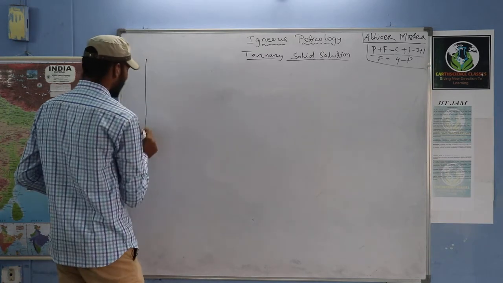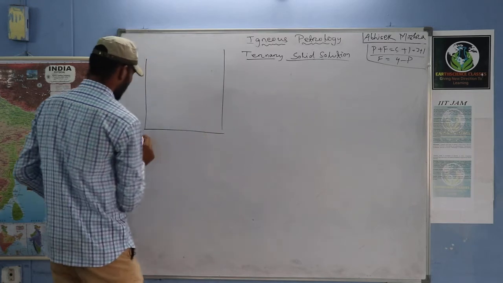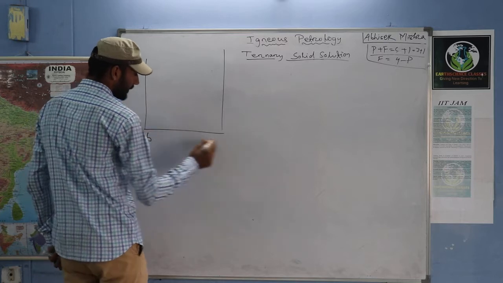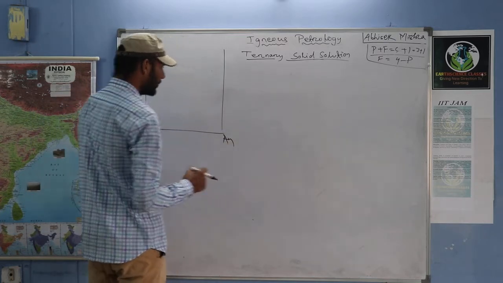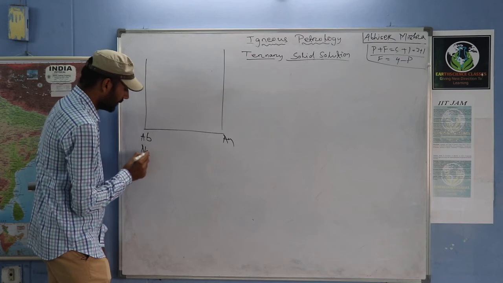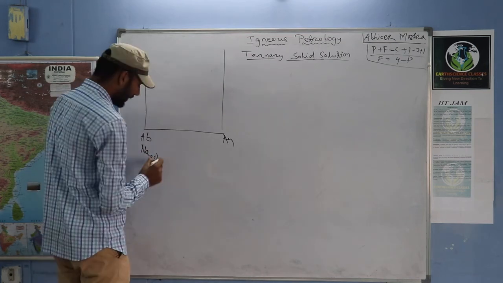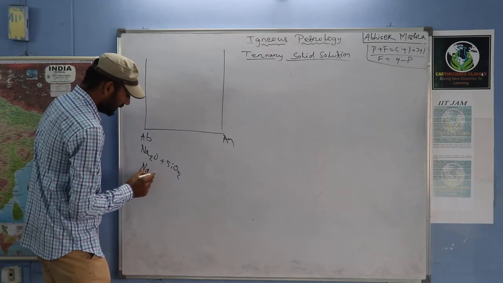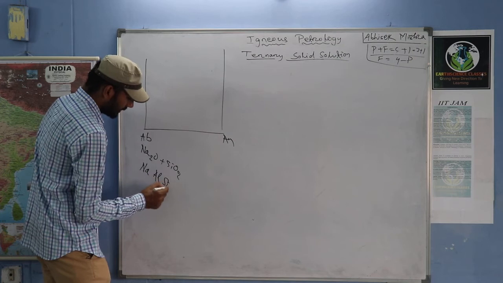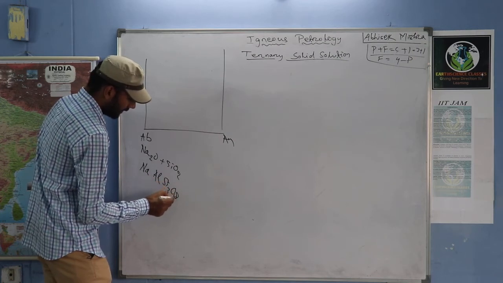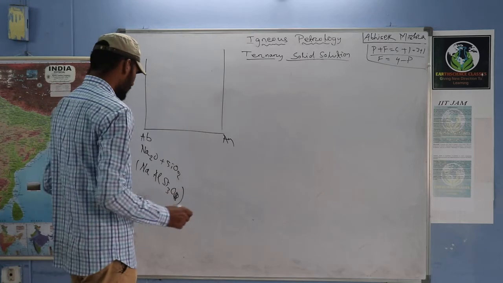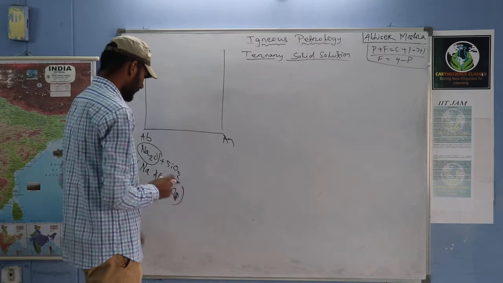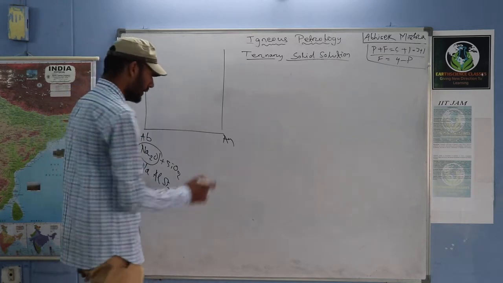In case of binary solid solution, what is the diagram? Let's say this is albite, this is anorthite. As I have told you, albite means this is sodium oxide plus silicate, right? This is NaAlSi3O8, the composition. So sodium aluminium silicate. Let's consider this part only, because the rest will be common to anorthite.